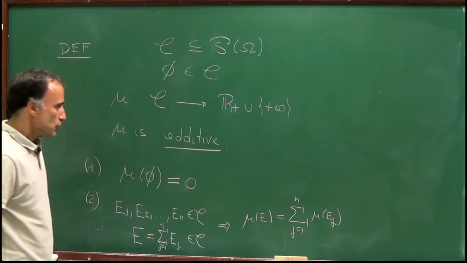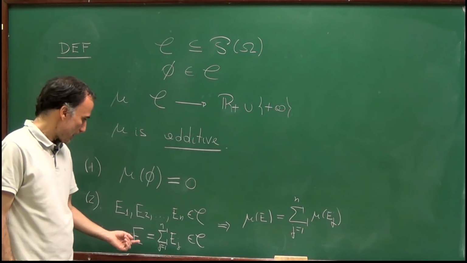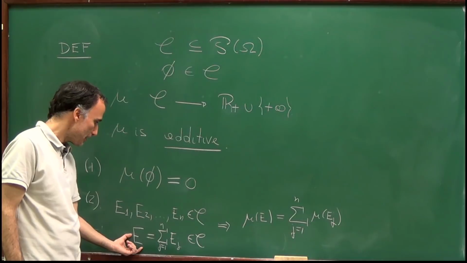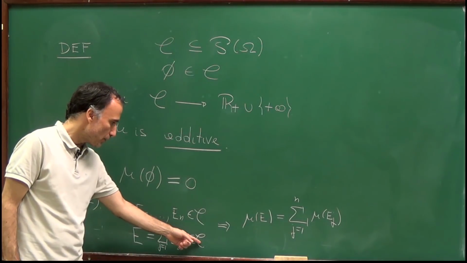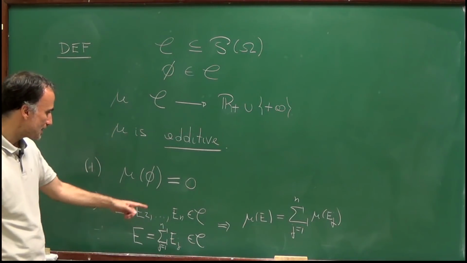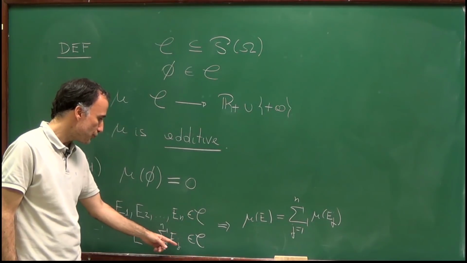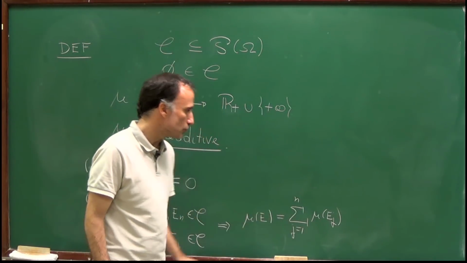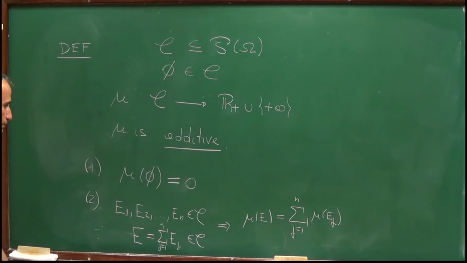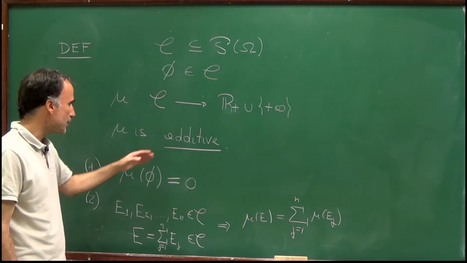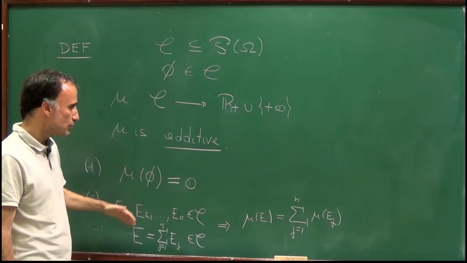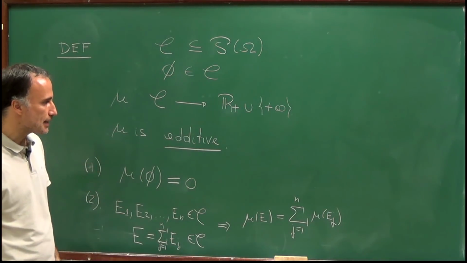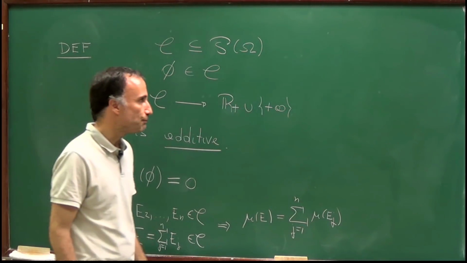So if I can express any set E in C as a finite disjoint union of elements of C, then mu of E should be equal to the sum of mu of Ej. If mu satisfies these two conditions, I'll say that mu is additive. So this is a definition.